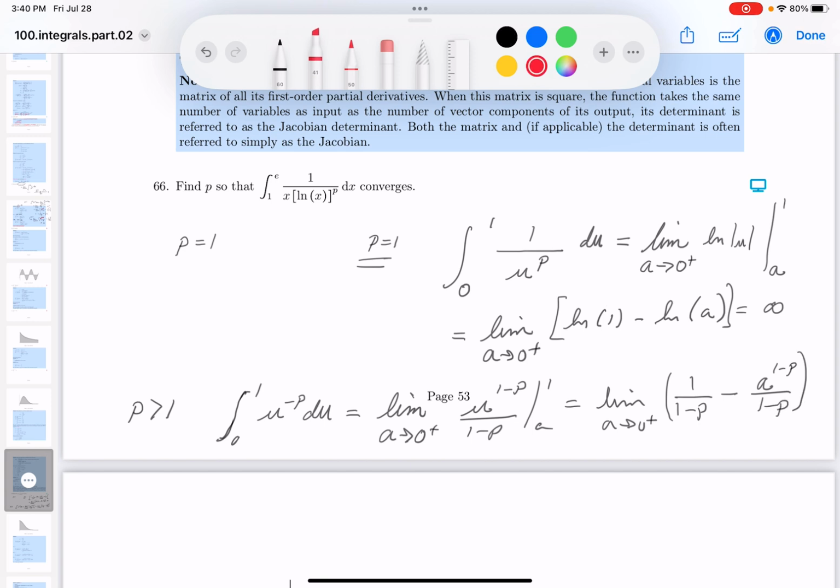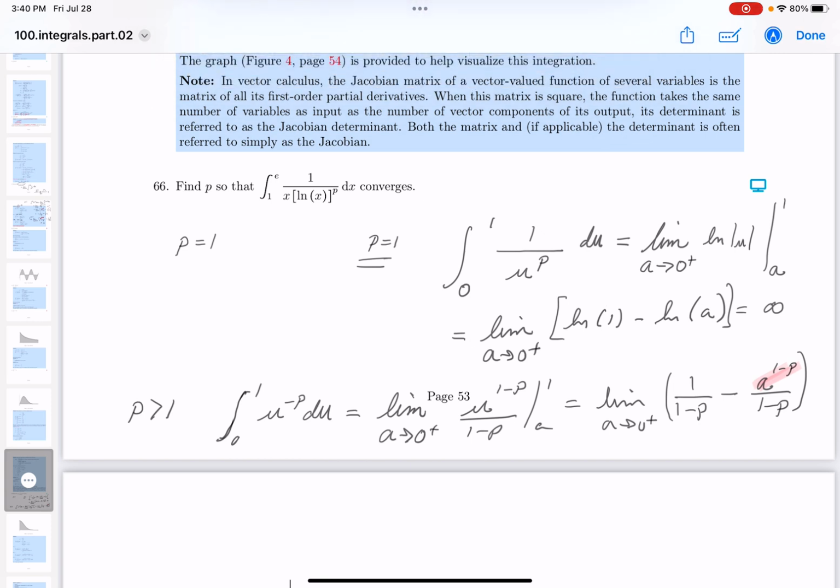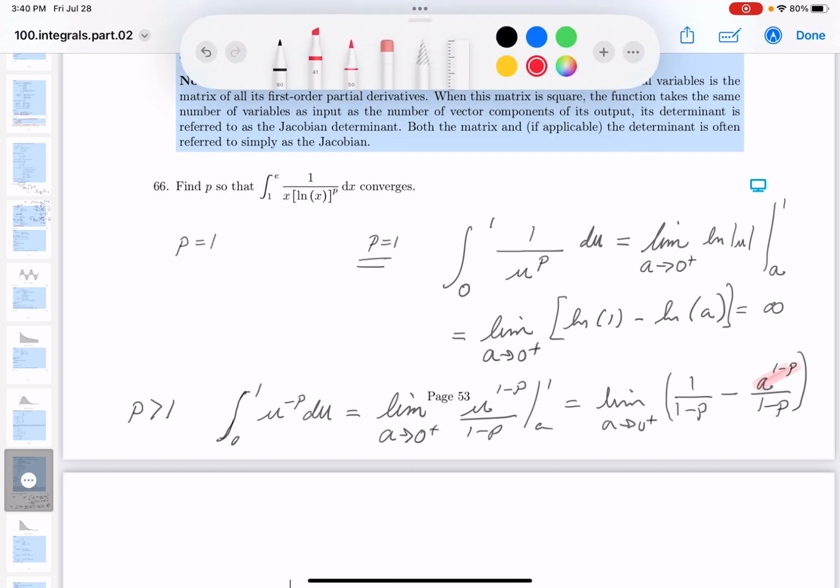I'm thinking about this thing over here. If p is greater than 1, 1 minus p is going to be a negative number. So I'd get 0 to a negative number, which is like 1 over 0 to a positive number. Well, that's no good. That's going to blow up to infinity.